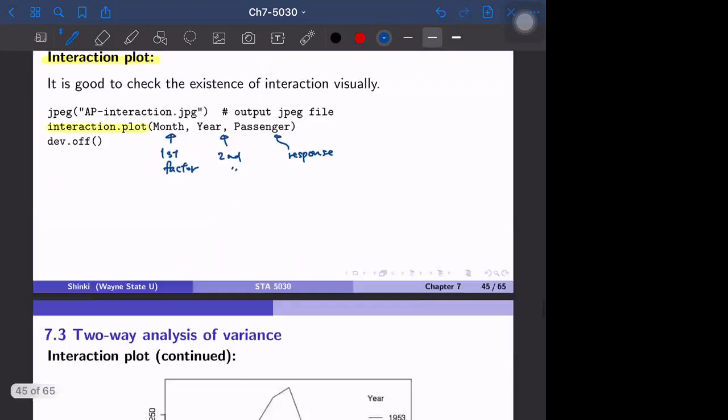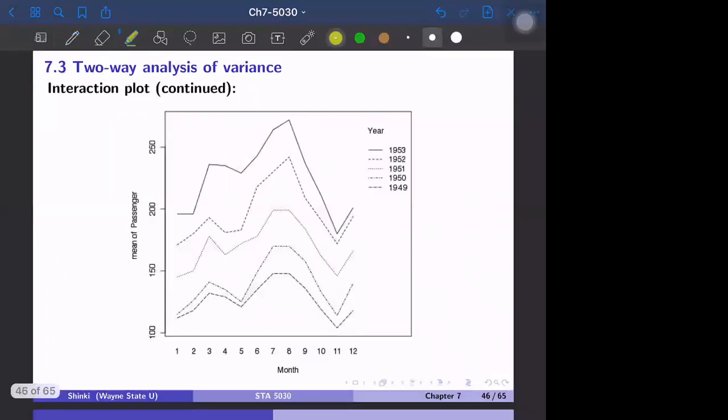Then the graph becomes this. The first factor is here, the second factor is here, and this is the response. So you can see whether the first factor and second factor are related or not by seeing these patterns.